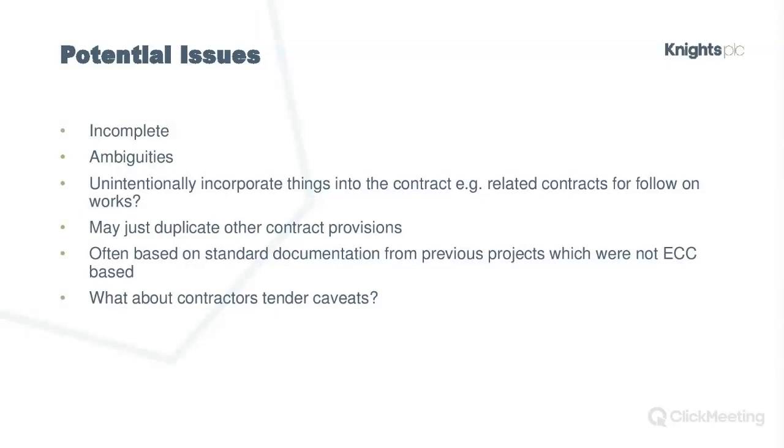This one, then, the third bullet point where I said e.g. related contracts for follow-on works. This was a works information that I had that was, apart from the fact that it was 2 large files of paperwork, the works information, the scope of work, and I was looking through it and it was completely confusing.